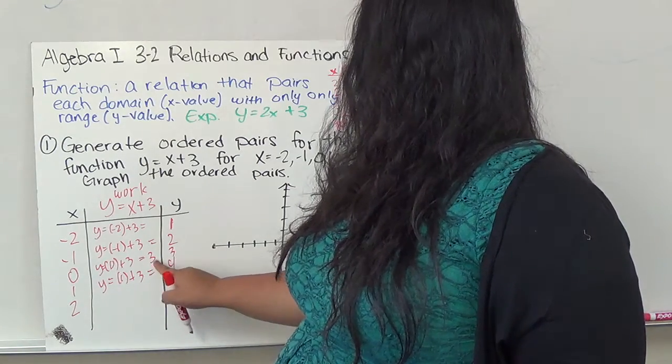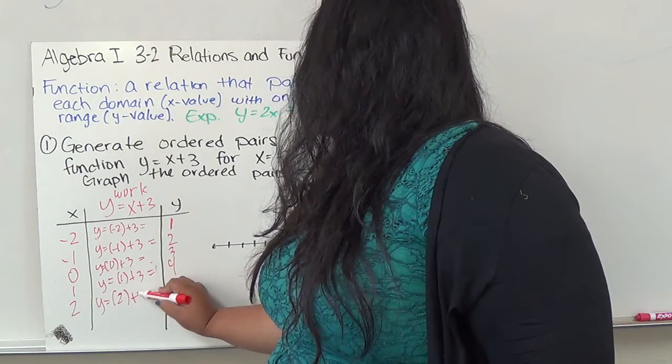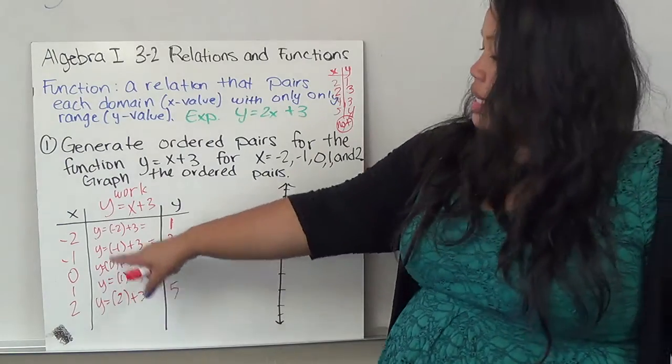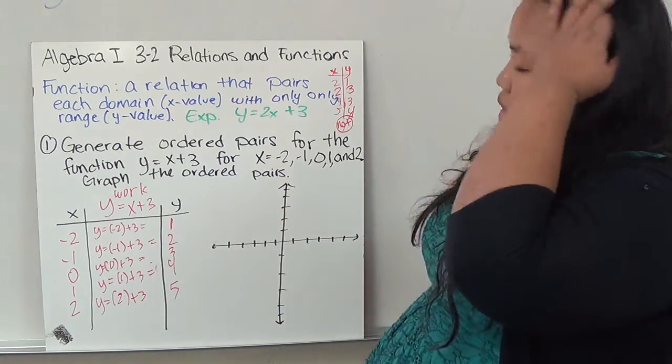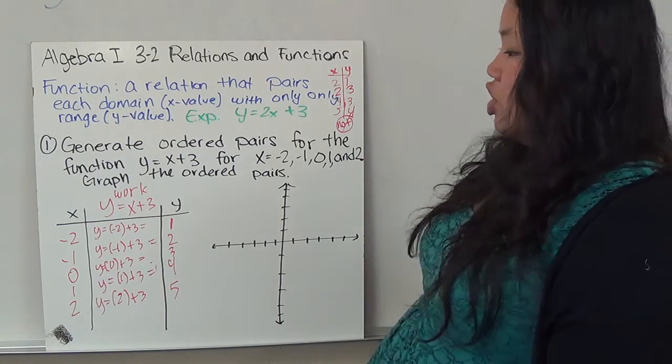Sorry, I haven't been writing it here. And then y equals 2 plus 3 equals 5. So what I have in the parentheses is the x's that I've plugged in, my domains, and this is giving me my range.